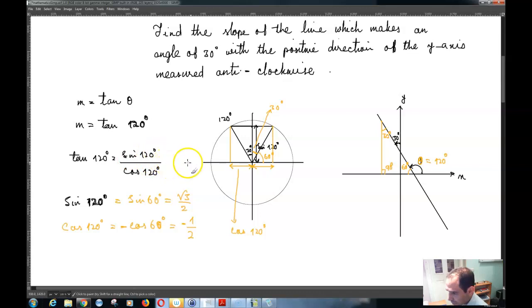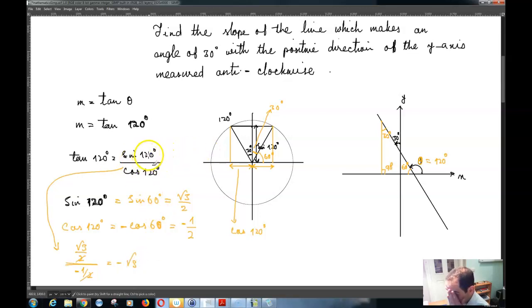So this ratio over here, I can write it as sine 120, which is square root of 3 by 2, divided by cos of 120, which is negative 1 by 2, which is equal to, you can cancel these two out and get negative square root of 3.